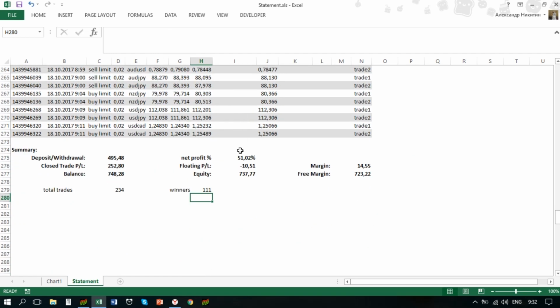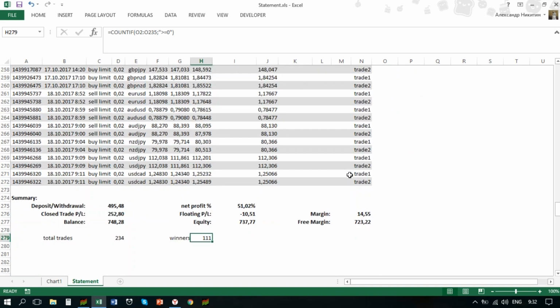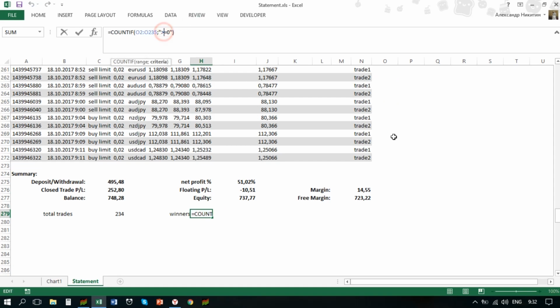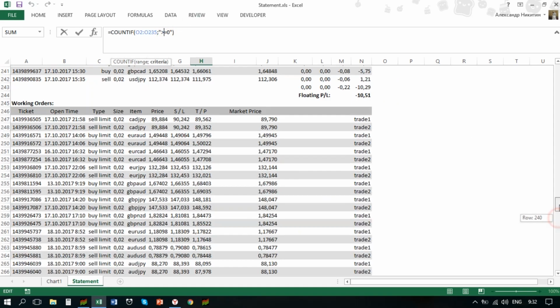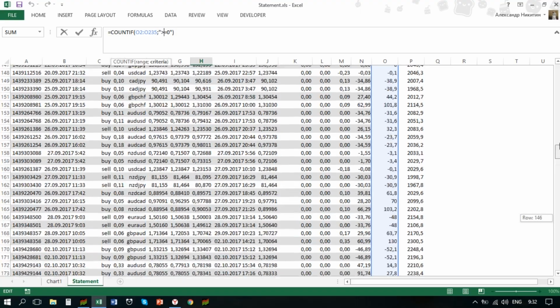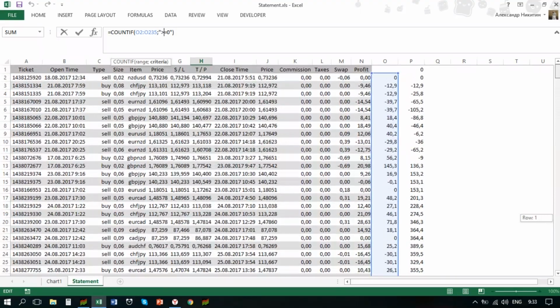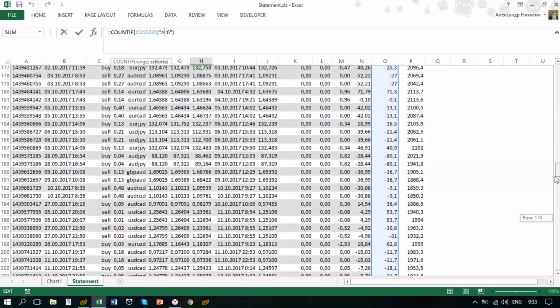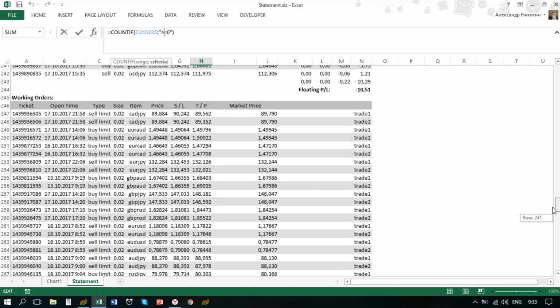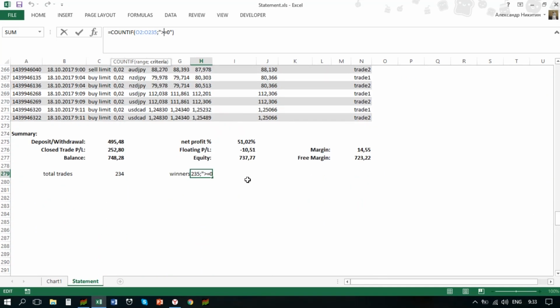So it tells me that I have 111 winners. Let me see that once again. The range is this, no mistakes, from here to here, more than or equal to 0.